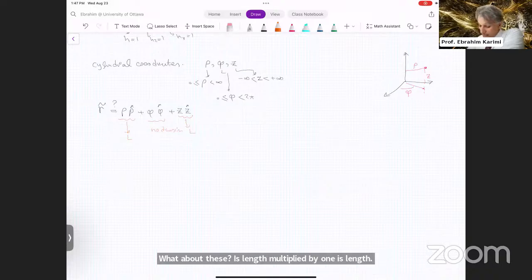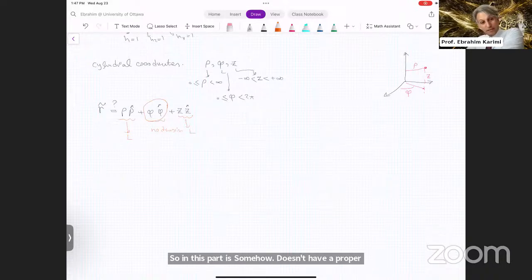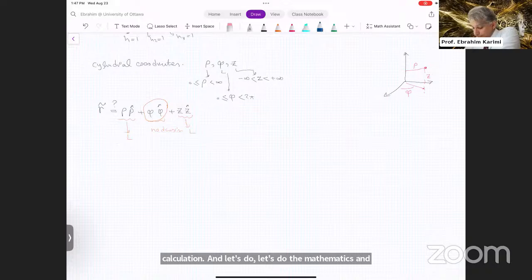So indeed, this part doesn't have a proper unit. It has a serious problem in the calculation, and let's do the mathematics and see what the problems are.